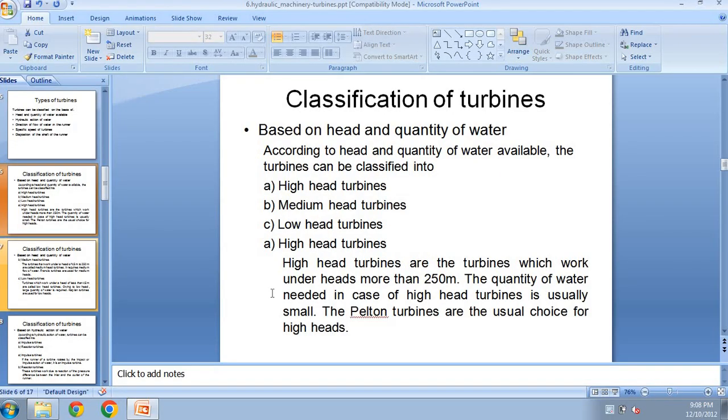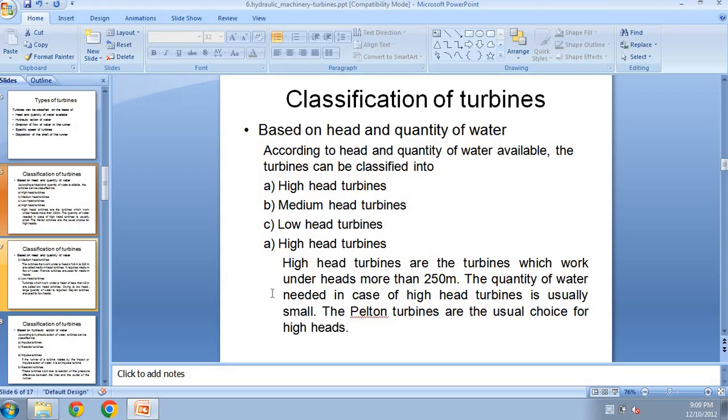The first criterion is classification of the turbine as per the head and quantity of water. As per the head available, we can classify turbines as high head, medium head, and low head turbines.